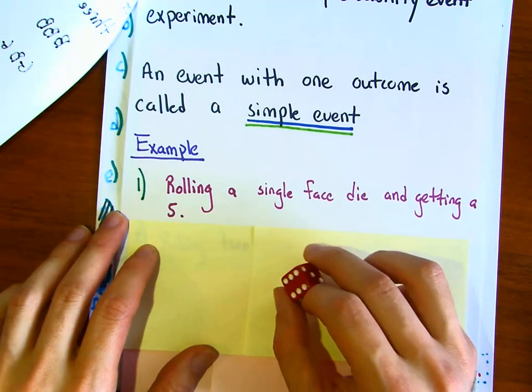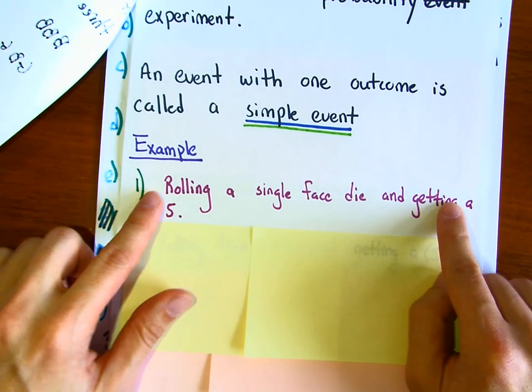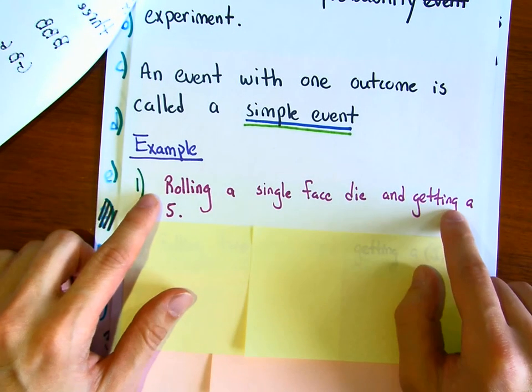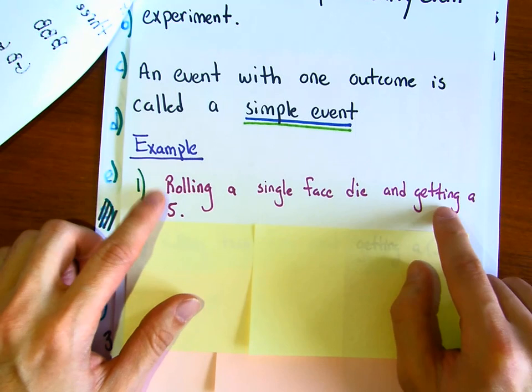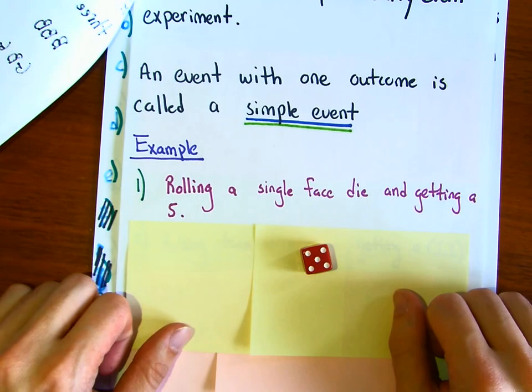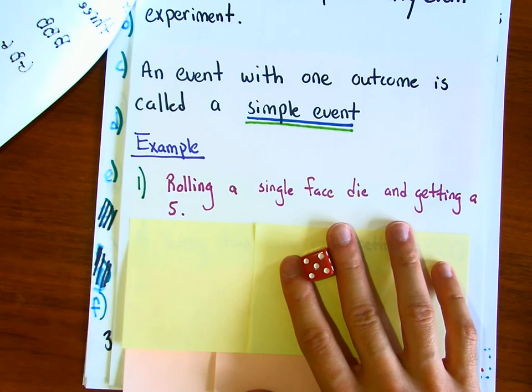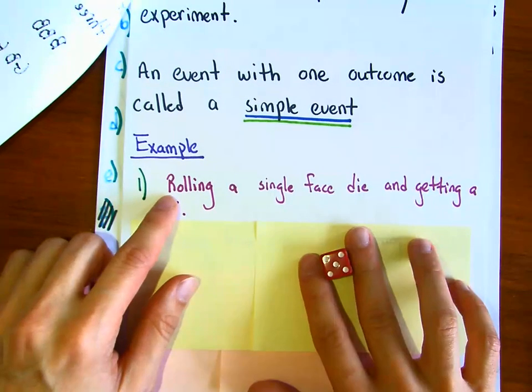What would have to occur for me to satisfy this condition? I would have to roll and get a 5. There is nothing else in the universe that will satisfy this condition unless I get a 5.